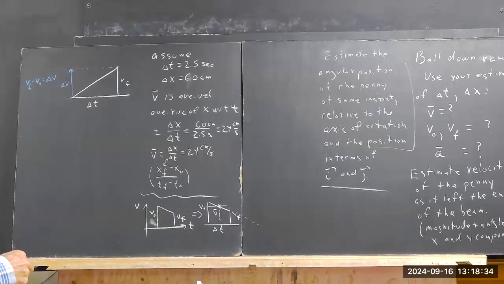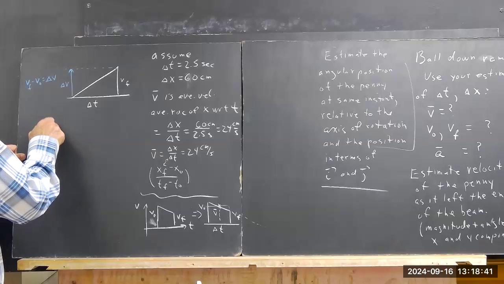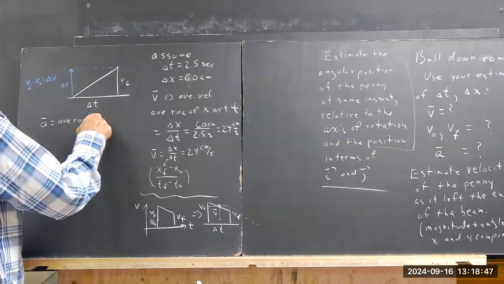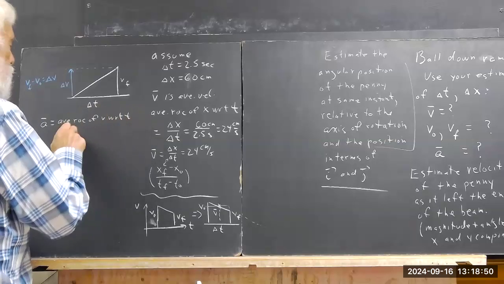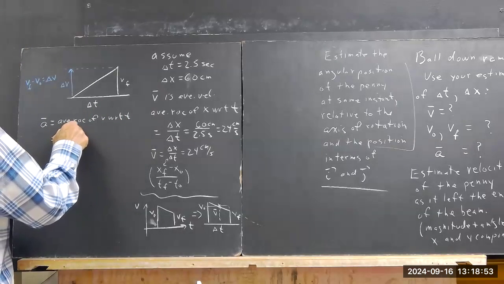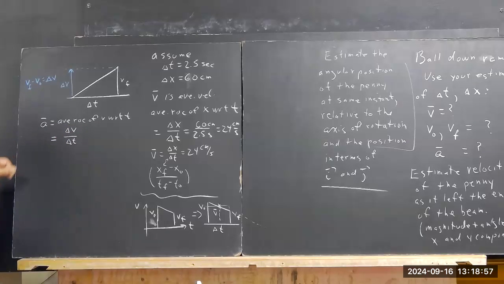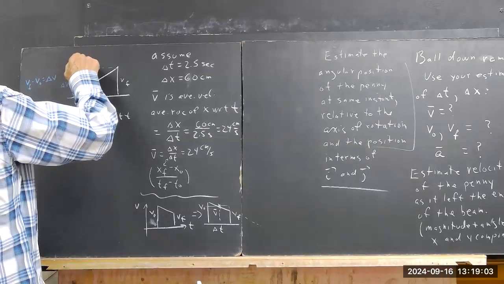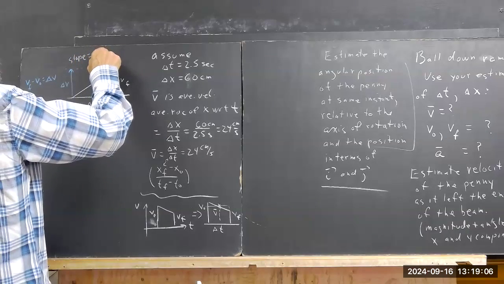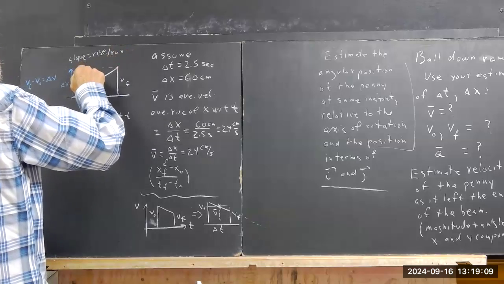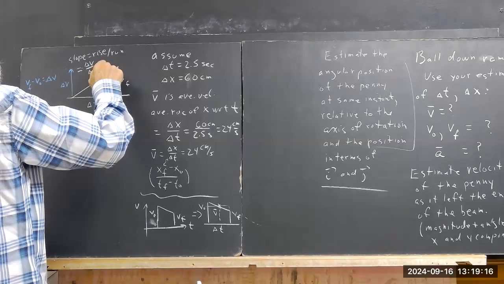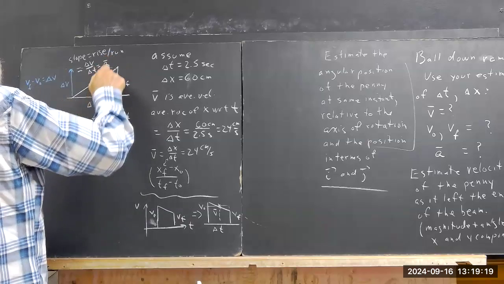So that delta V over delta T, which is your average acceleration, the average rate of change of V with respect to T, has to be delta V over delta T. So your slope is rise over run, which is the average acceleration.